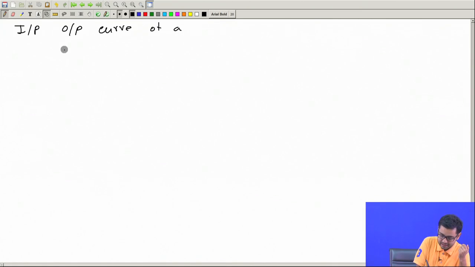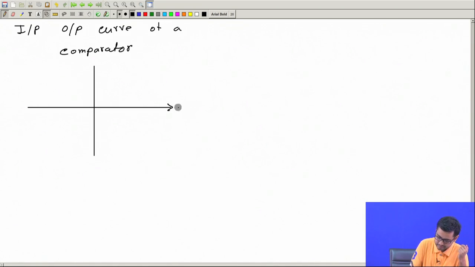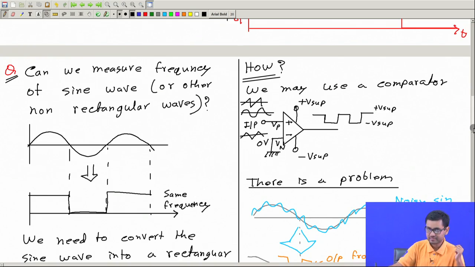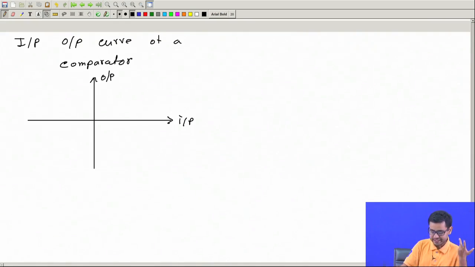Output versus input. How will that look? For the normal op-amp based comparator, which you have shown here. Can you do that? It's simple.